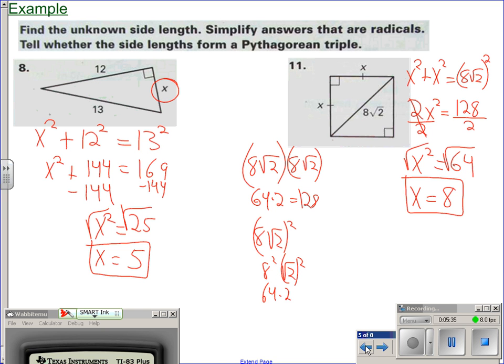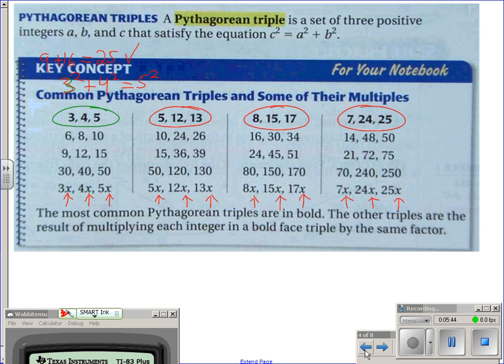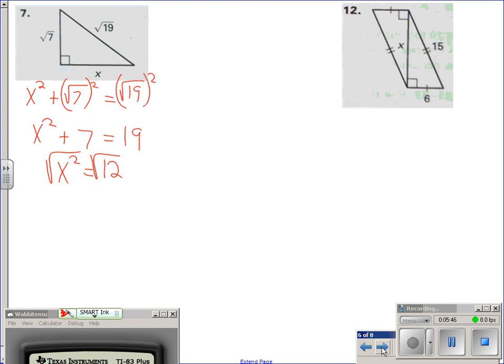Now, when you read the directions, it says simplify answers that are radicals. I really don't want the square root of 12 as a decimal. It's going to be 3 point something or other. I don't want that. We're moving to a higher level of mathematics. You should be simplifying this, not putting it as a decimal from your calculator.